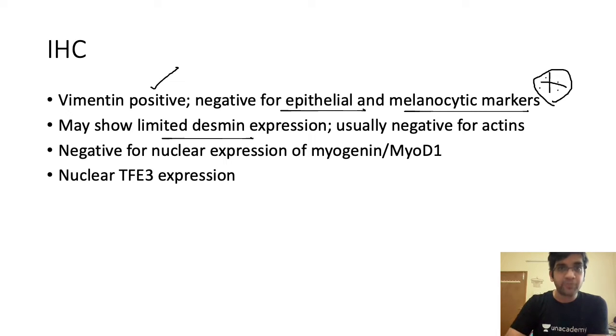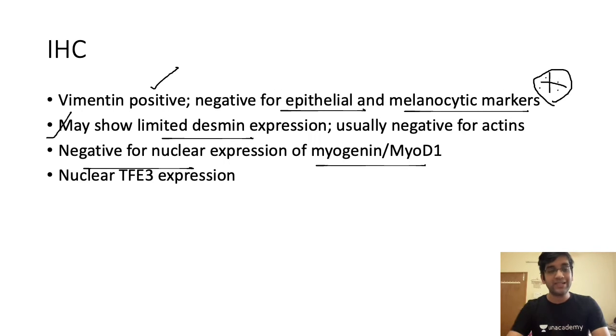Desmin will be inhibited. This again is very important because my other differential diagnosis is alveolar RMS. For alveolar RMS, nuclear expression of desmin, myogenin and MyoD1 will help me. What is said, though it is not perfectly correct, is that alveolar soft part sarcoma might be positive for myogenin and desmin, but in the cytoplasm. That's why it's classically mentioned that nuclear expression of MyoD1 and myogenin will be negative.